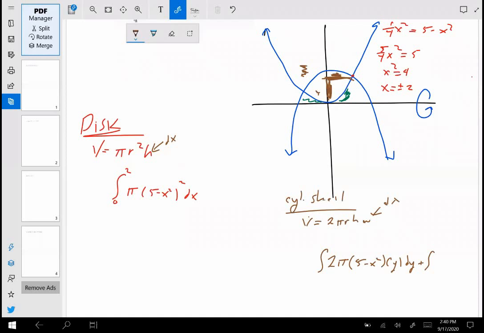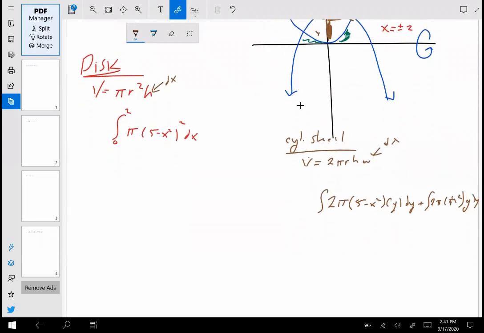Now on the bottom half, we'll have the 2 pi, and that was 1/4 x squared times the y coordinate for the radius of that cylinder. Now since it's dy, we want everything in terms of y. Give myself a little more room here.